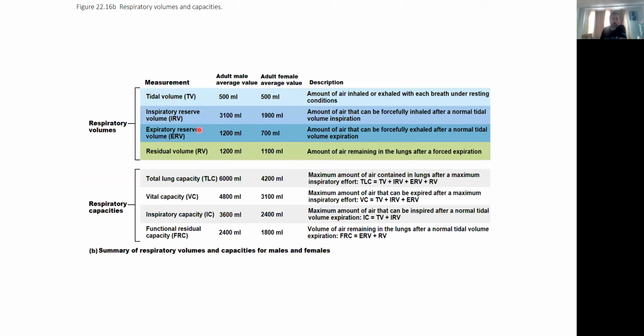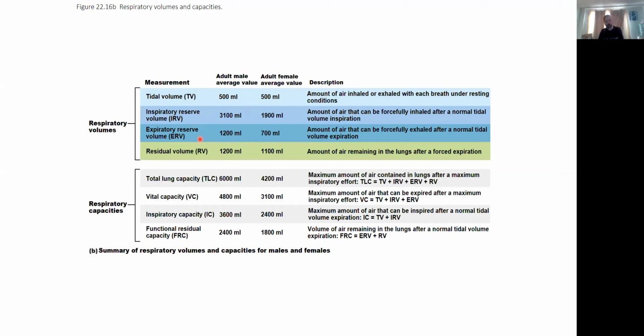The inspiratory reserve volume is the amount of air that you can breathe in after a normal breath. So if you were to take the biggest breath you possibly could, and then think about the difference between that and the tidal volume, the difference between those two things is going to be the inspiratory reserve volume.